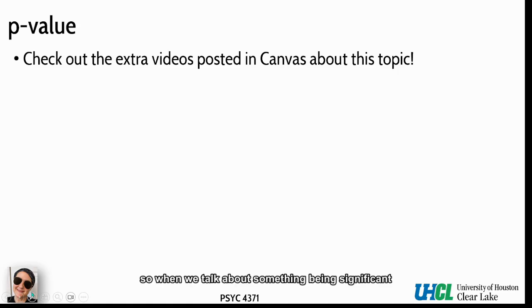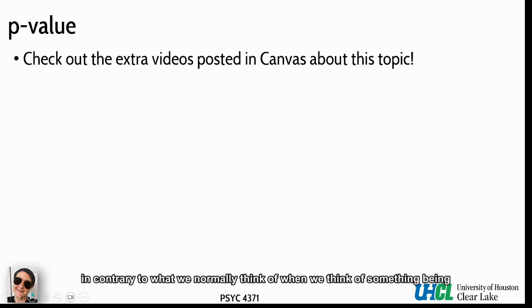So when we talk about something being significant, we have a value for the statistic and it has a corresponding p-value. A significant result, a significant t-test score or t-score, is going to have a corresponding p-value that is less than your alpha level, okay?